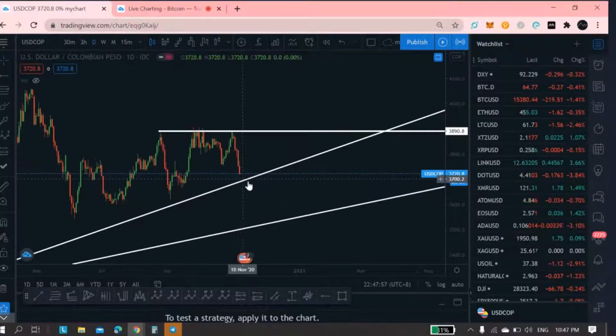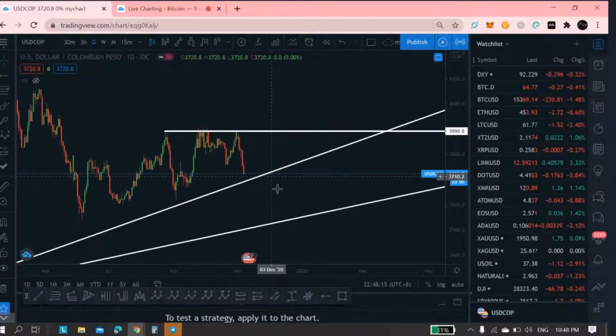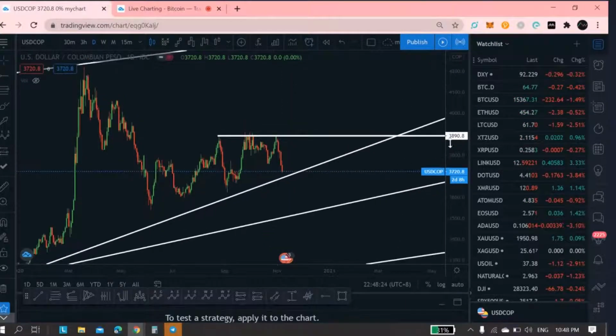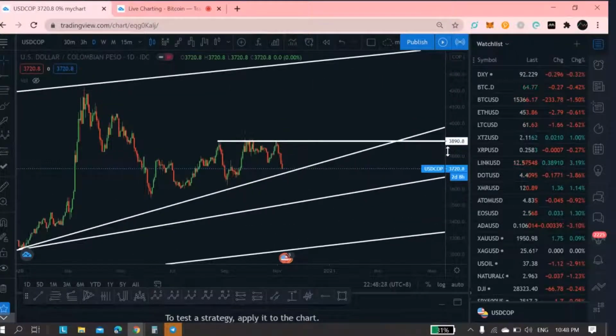Actually almost close, but because 1, 2, 3, 4, 5, 5 bearish candle, so yeah, it might possibly break this area or hold. So yeah, I'd rather wait at the moment, though it's already possibly close to a support area. So yeah, I think that's it for USD Colombian peso.